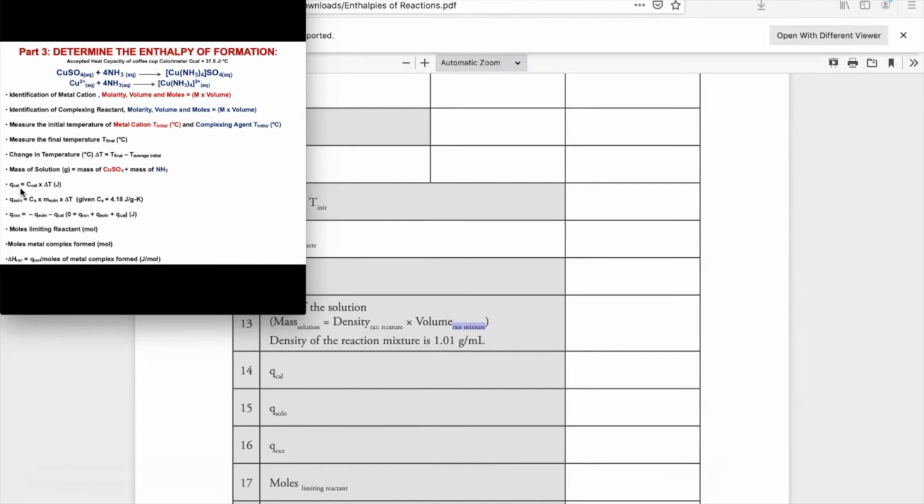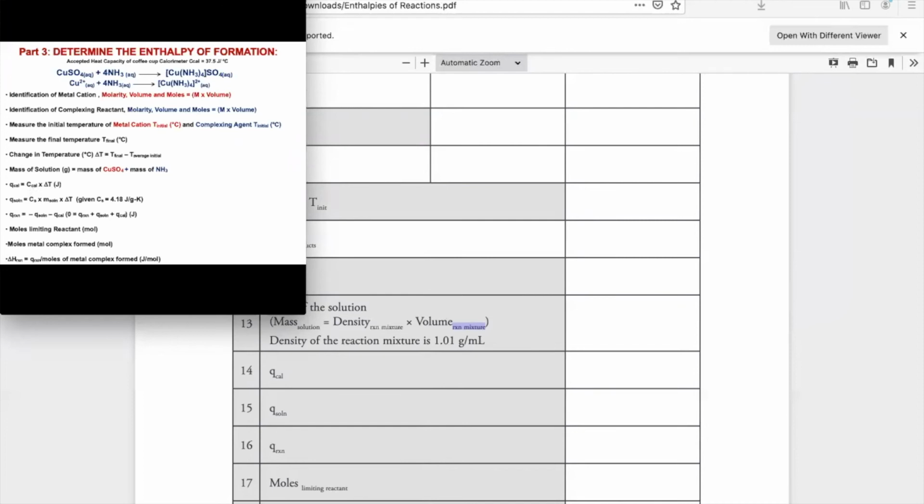Q for calorimeter is the heat capacity, all right? Number 14, Q for the calorimeter, given by the heat capacity of the calorimeter times line 12. And this is from 5.1, that's 7.5 joules.